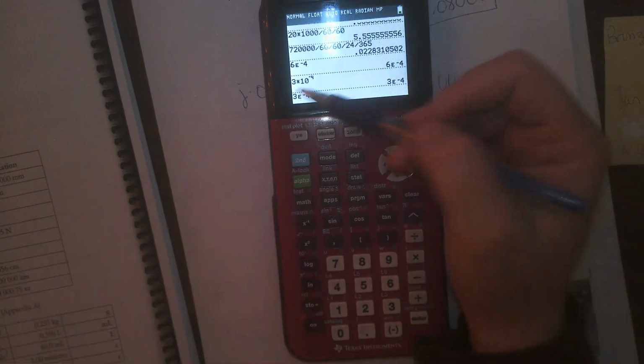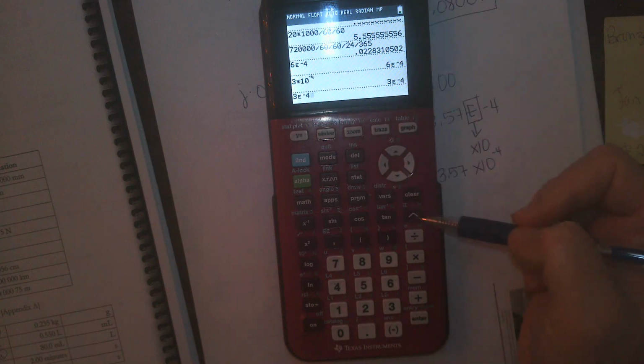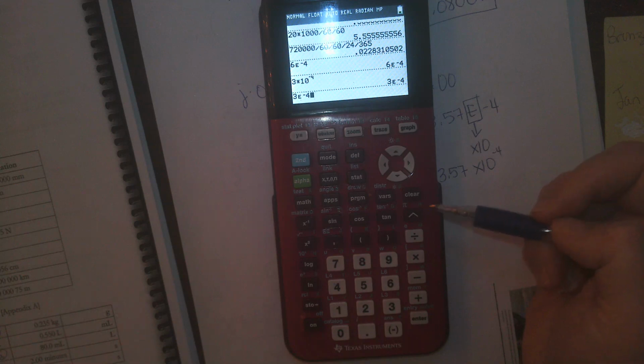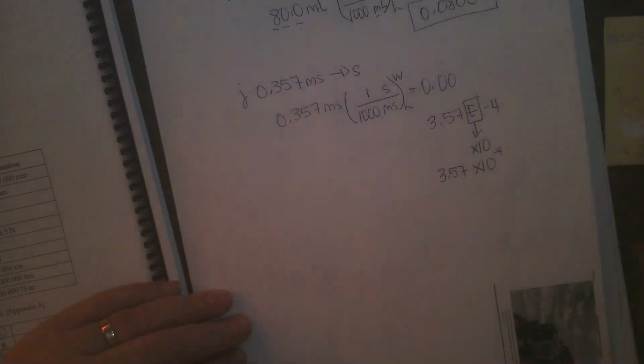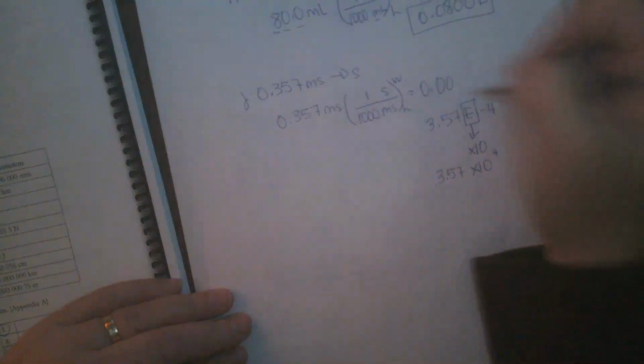Because this part here where you enter in the times 10 and then the little hat sign, every keystroke you make is an opportunity for error. So the less keystrokes you have to do, the less opportunity you have for error. Okay? So I'm going to elevate you in your calculator use. All right. So times 10 to the negative 4.